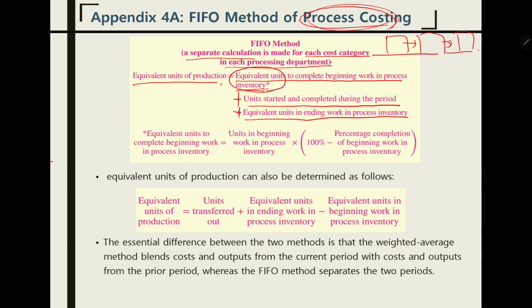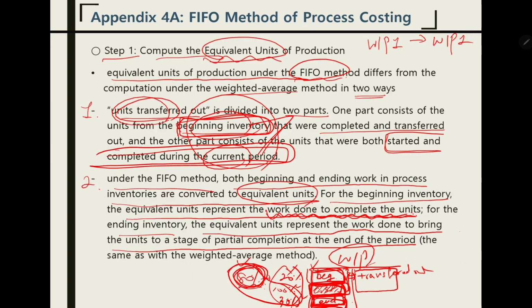So equivalent units to complete beginning work in process inventory equals units in beginning work in process inventory times 100% minus percentage completion of beginning work in process inventory, right? For example, let's say that this beginning inventory was 100 units, and it was 20% completed. Then the effort to complete this beginning inventory is 80%.